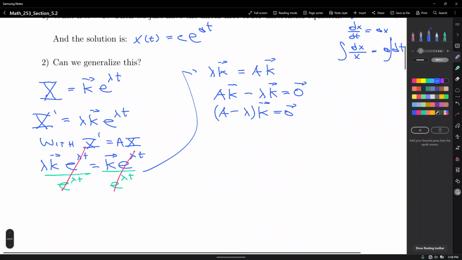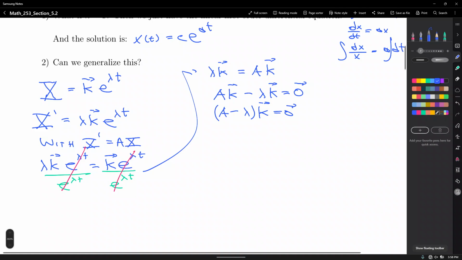But we have a little problem with the quantity inside parentheses. A is a square matrix, isn't it? And lambda is just a constant, isn't it? So we have a disagreement with the sizes, with the dimensions. I cannot subtract a one by one matrix, which is lambda, from an n by n matrix. What's the trick to make it work? Multiply that lambda by 1.